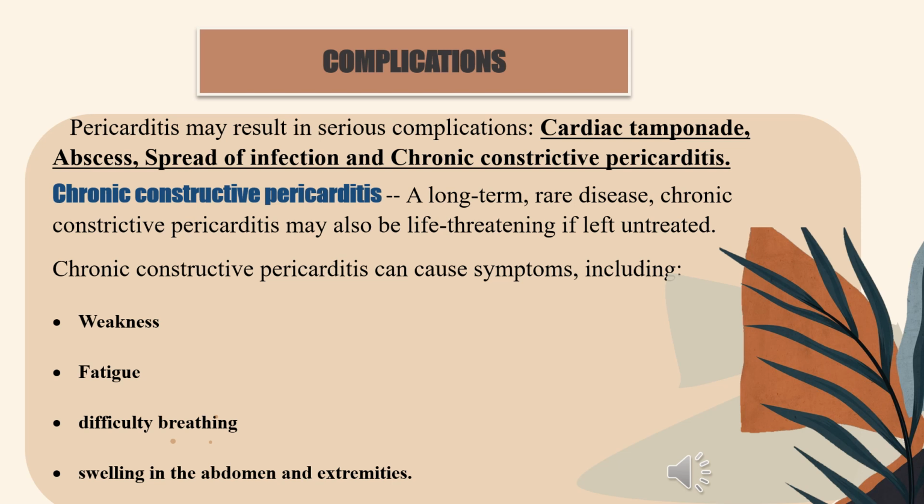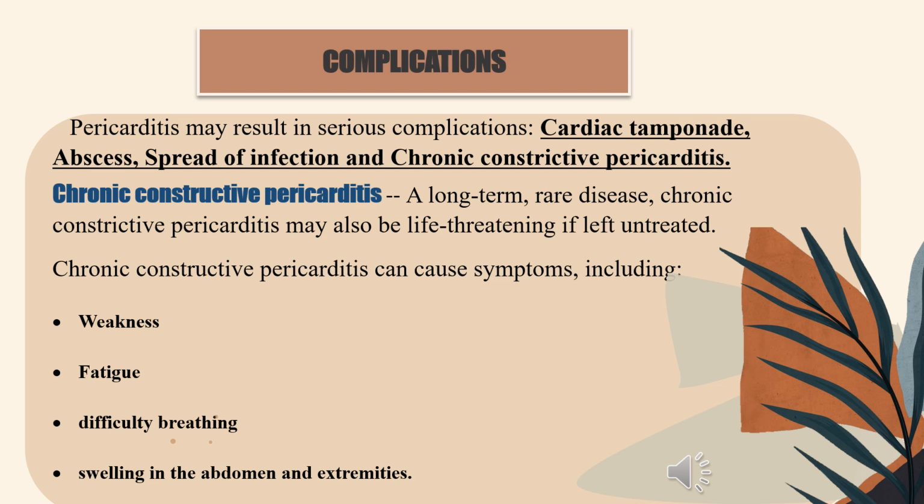The last one, chronic constrictive pericarditis, a long-term, rare disease. Chronic constrictive pericarditis may also be life-threatening if left untreated. It slowly develops when pericarditis causes scar-like fibrous tissue to form on the pericardium, making the sac thick, stiff, and rigid.